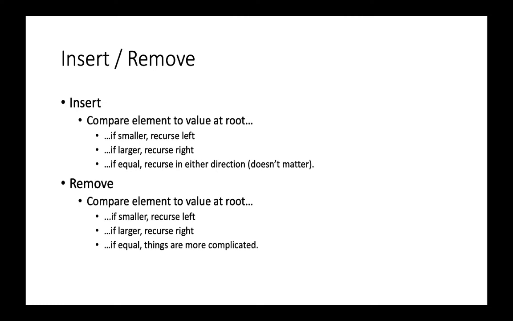And I did this the wrong way. So I compare. This is smaller, it goes left. I keep saying left and right the wrong way, but I'm saying the right thing. If it's larger, it goes right. And that's easy, until we get to a spot where left is empty.